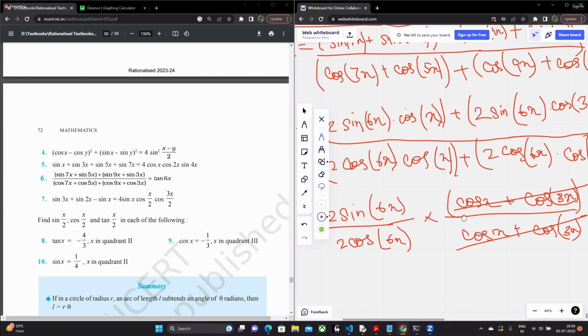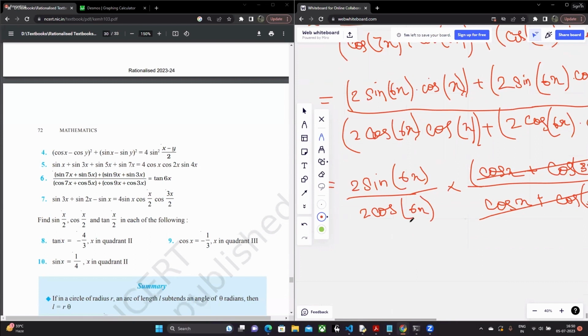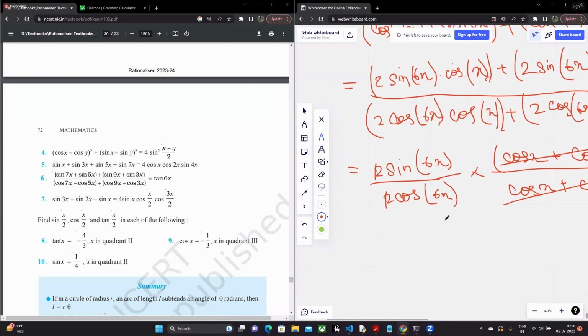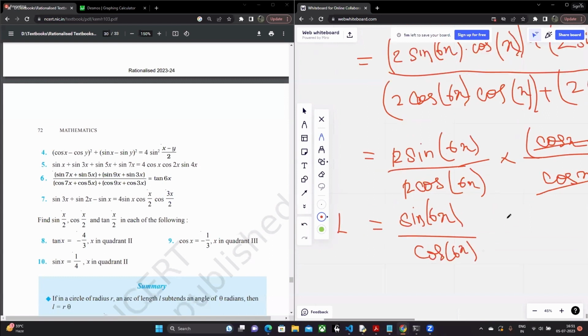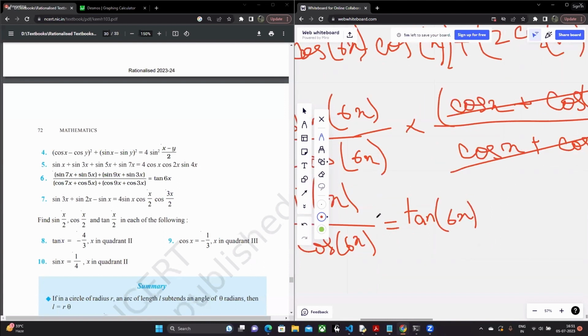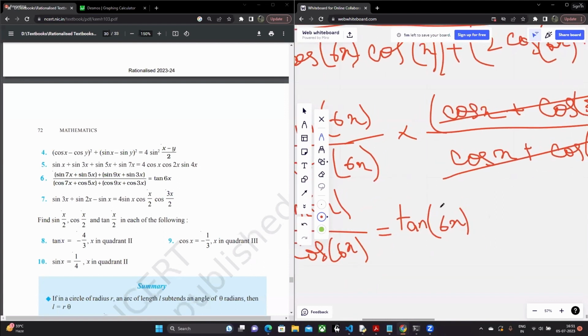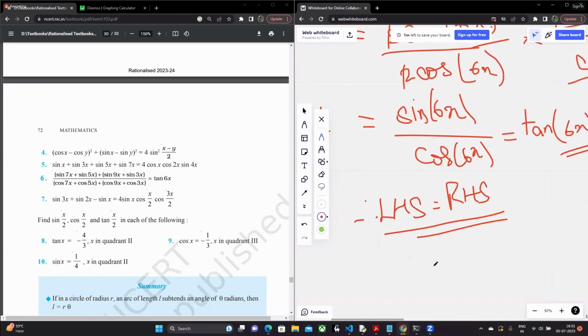Both get cancelled out, the 2's get cancelled out, and you are basically left with L is equal to sin of 6x by cos of 6x, which is equal to tan of 6x, right? Which is equal to the RHS. Therefore, you can say that LHS is equal to RHS.